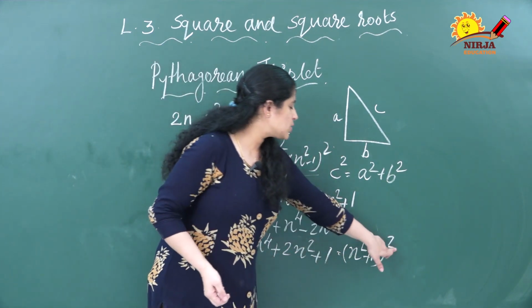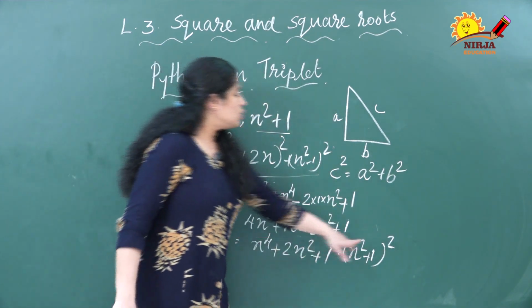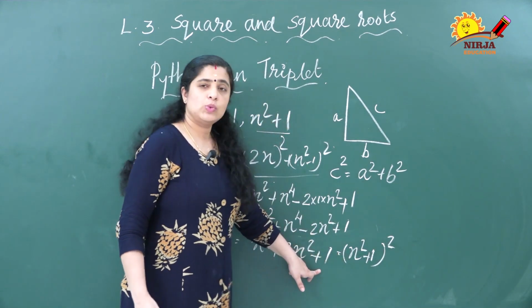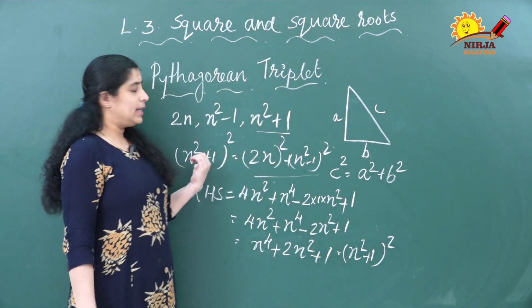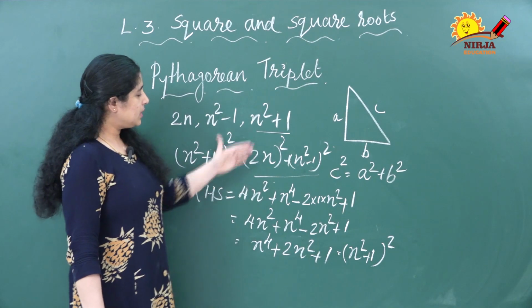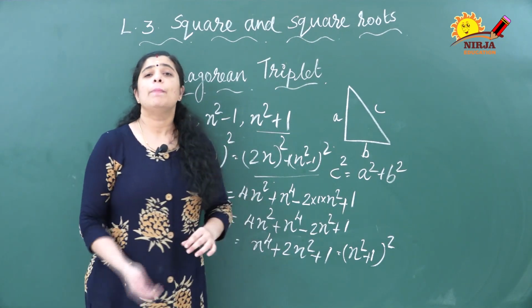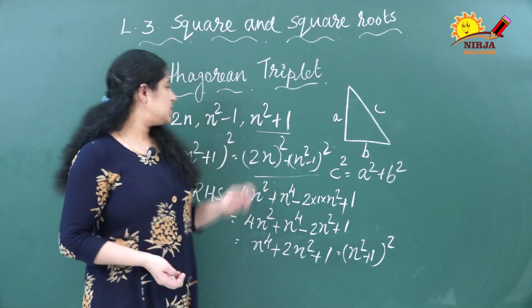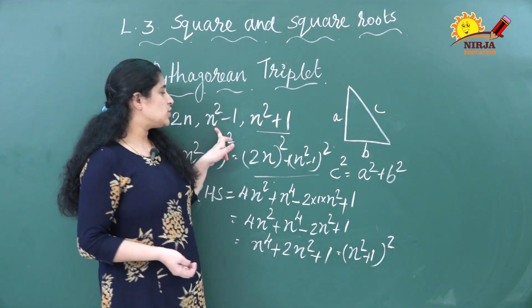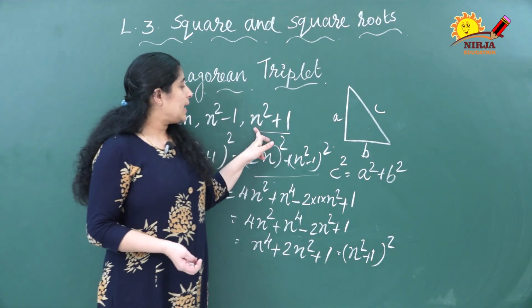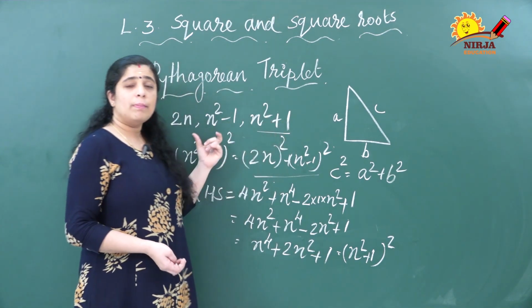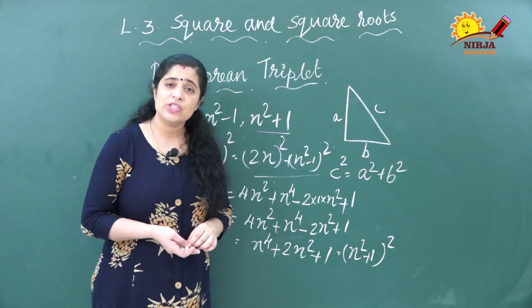So you got the LHS here. That means 2n, n square minus 1 and n square plus 1 are a Pythagorean triplet.